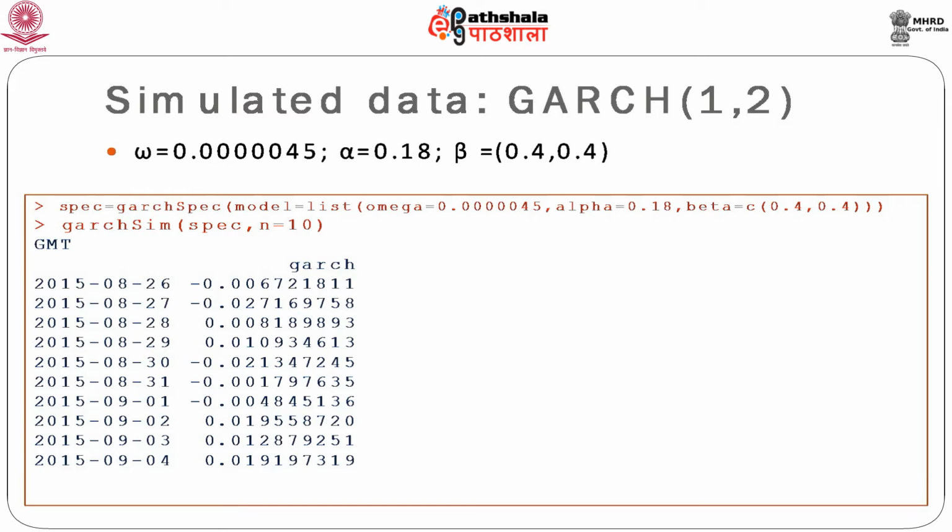So, similarly you can generate a spec variable by garchSpec, model list equals to omega, alpha, and beta, where beta is a vector, and then garchSim, specifying the total number of samples that you are looking for, and then you enter, and that will generate your data. So this is the data for GARCH order (1,2), and similarly you can generate any kind of data for different orders of the GARCH model.